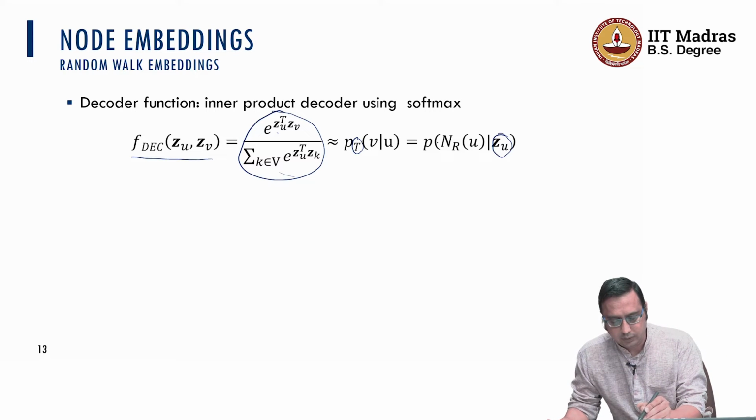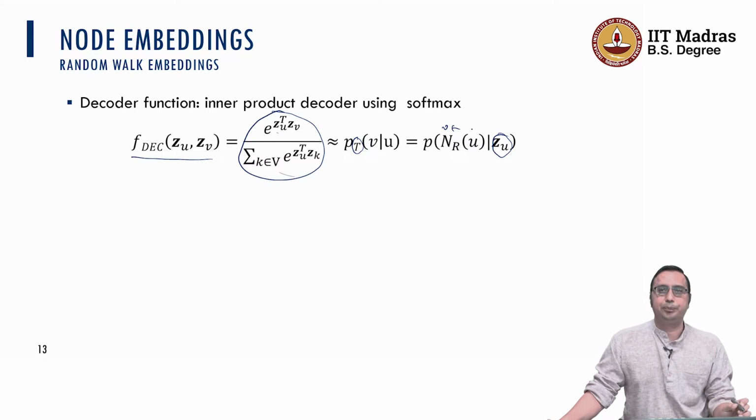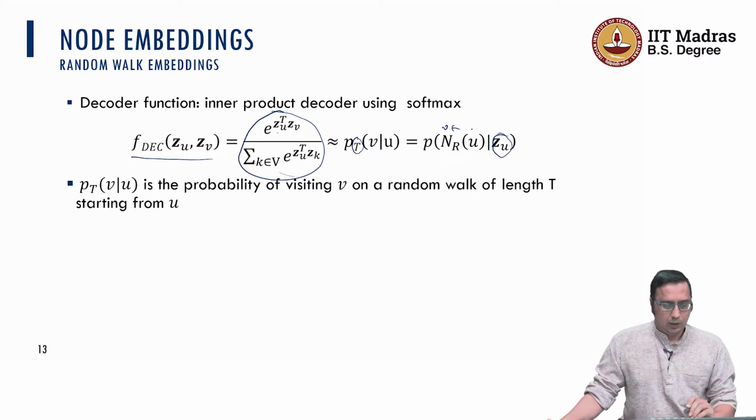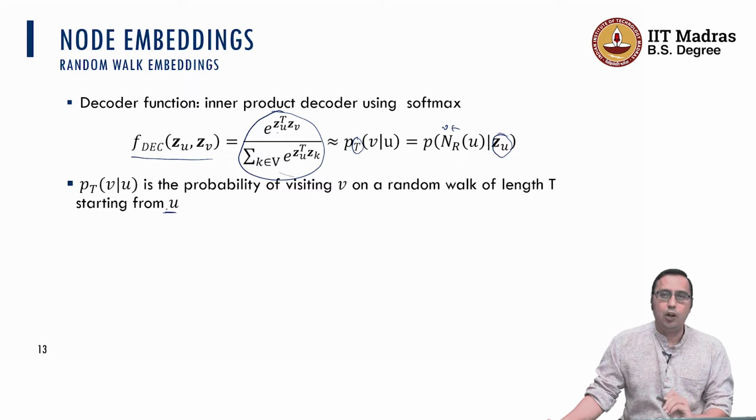This should be v belongs to N_R(u). As I told you, P_t(v | u) is the probability of visiting v on a random walk of length t starting from u.